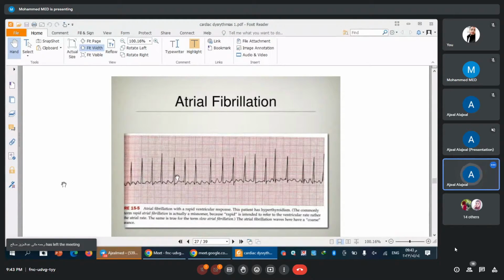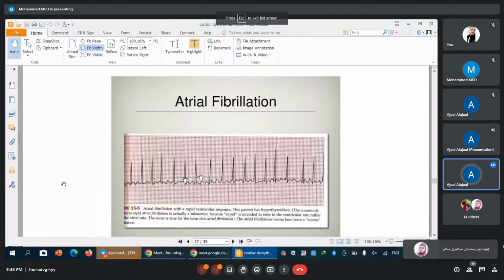He's probably hypertensive on antihypertensive treatment, and take it from me, with this atrial fibrillation the patient will be dyspneic, gasping for air. Why? Because the ventricular filling time is diminished and the atrial contraction is not effective. Okay, so the cardiac output will go down. How do we manage this patient? And we will discuss the treatment of atrial fibrillation.